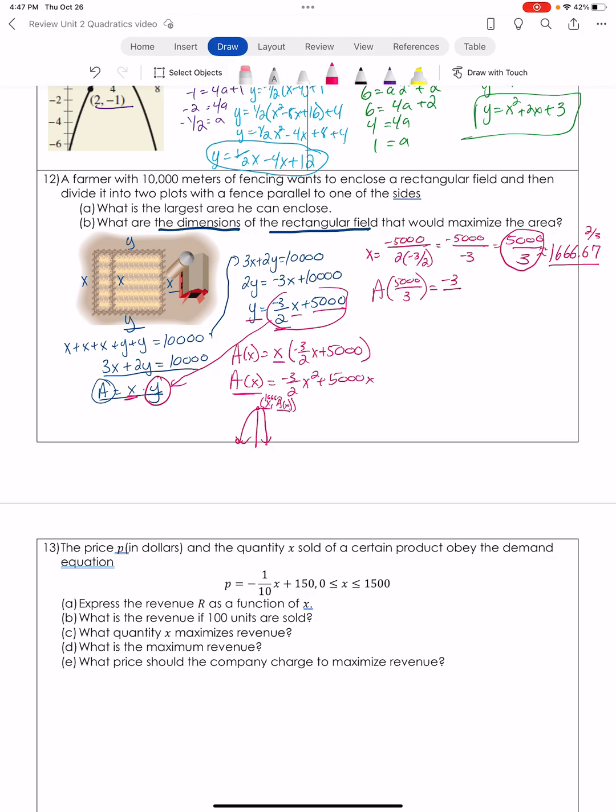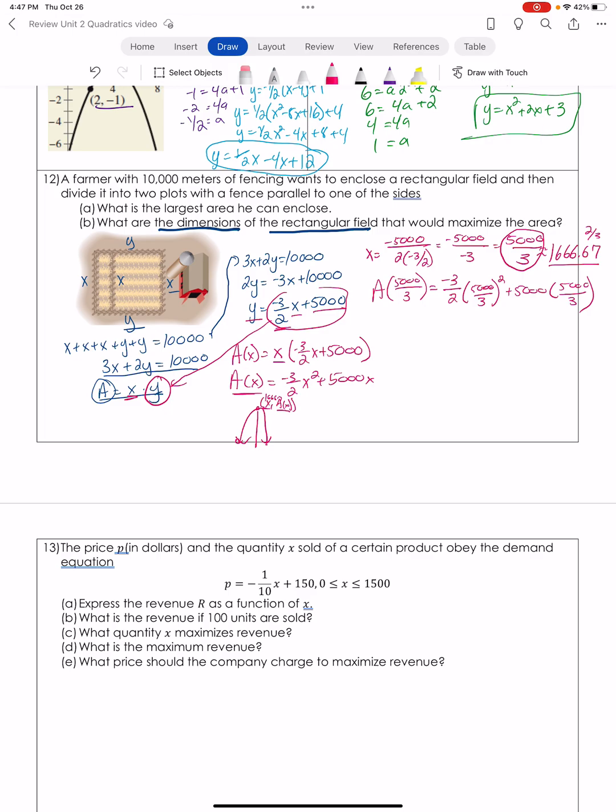Okay, and all I have to do is find my area value. So this is going to be negative 3/2 times 5,000 over 3 squared plus 5,000 times 5,000 divided by 3, which seems like a ridiculous number.